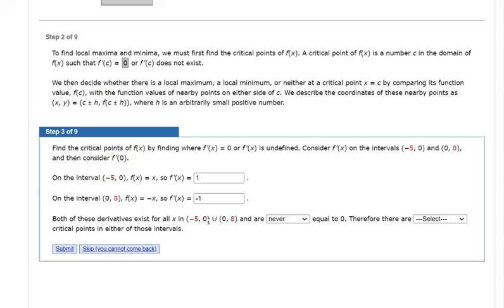Oh, okay, so it's saying parentheses. So we're not including x equals 0. They're never equal to 0. On this interval from -5 to 0, if we exclude 0, the derivative is never equal to 0. The derivative is either a positive 1 or -1. It's never equal to 0. So there are no critical points on those intervals.